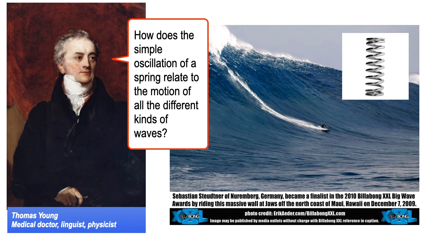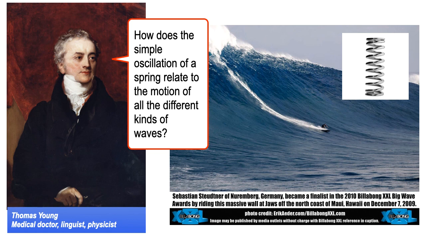Think about it: light waves, radio waves, X-ray waves, seismic waves in the earth, sound waves, water waves like in this picture.